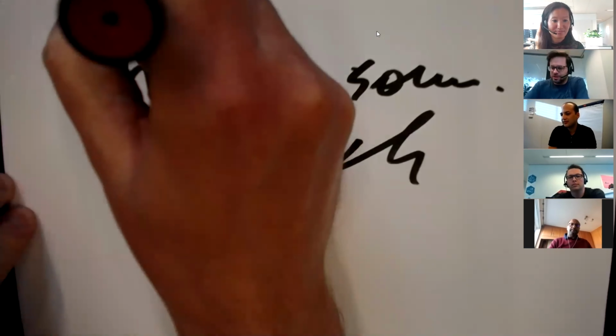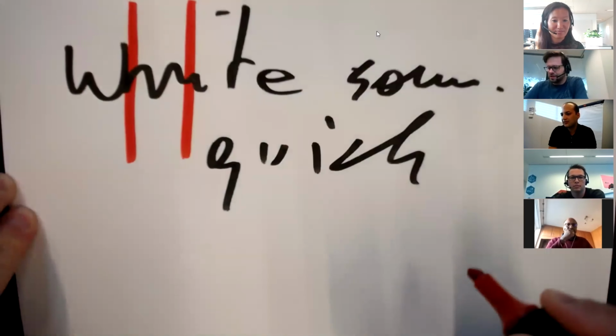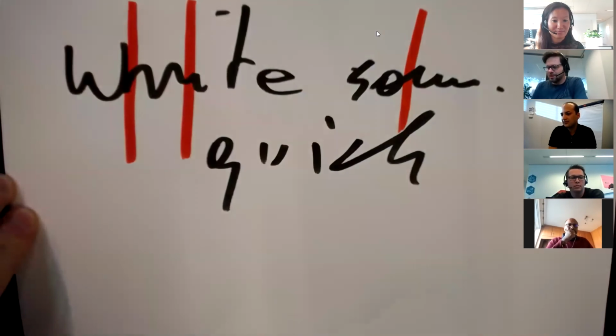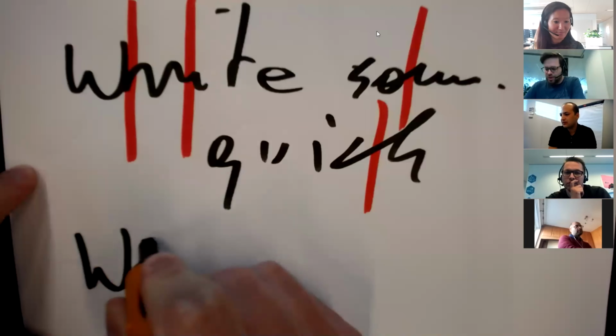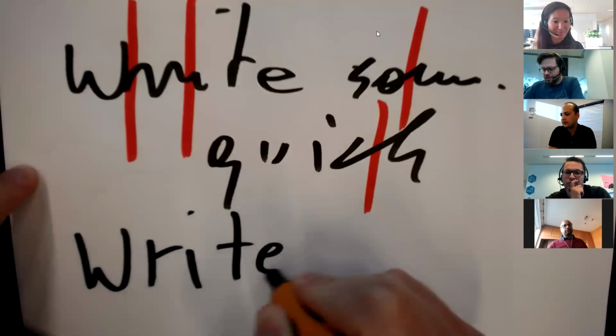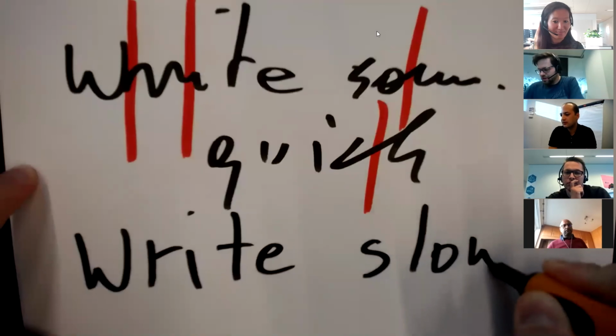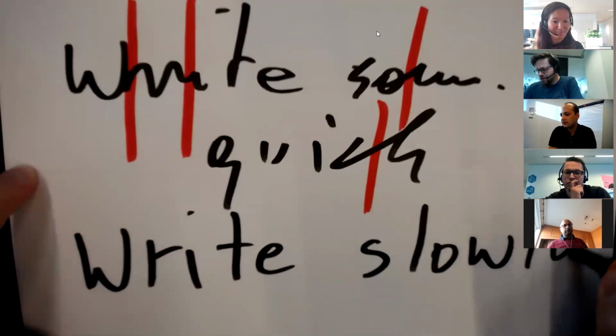So if you have letters that are linked together, like they usually teach you to write at school, try to avoid that, because if you're writing in front of people that you're facilitating for, it's going to be less readable for them. So try to write slowly and don't join the letters, scatter them.